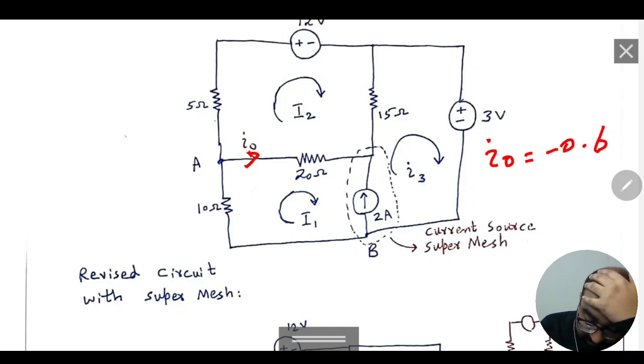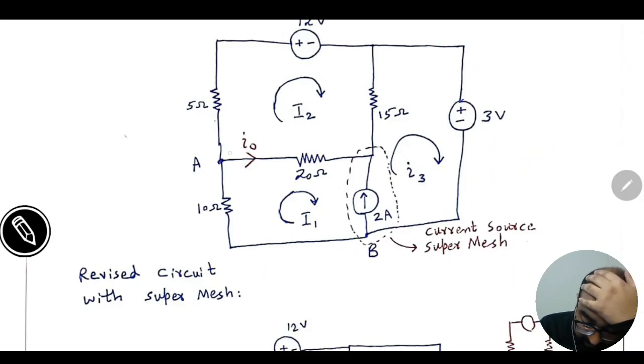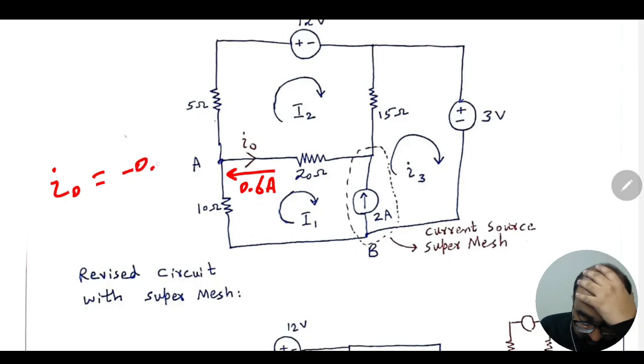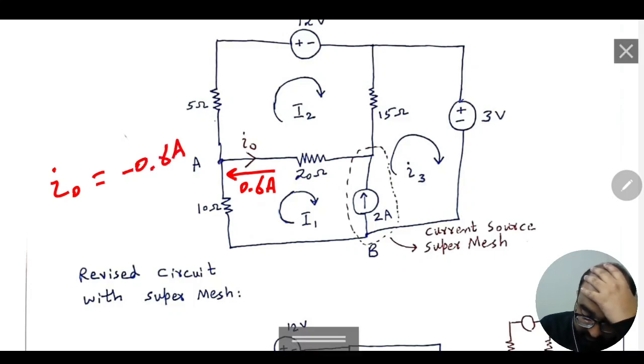So since I0 is equal to minus 0.6 and its arrow is in this direction, the flow of current is actually 0.6 ampere in the opposite direction. While direction is not a point of concern here, we just need the value of I0, which we have determined. I0 is equal to minus 0.6 ampere is your answer.